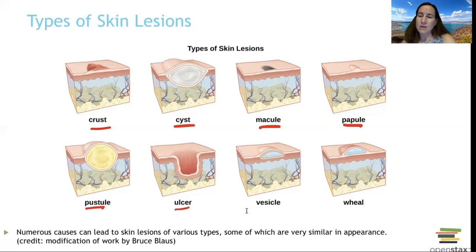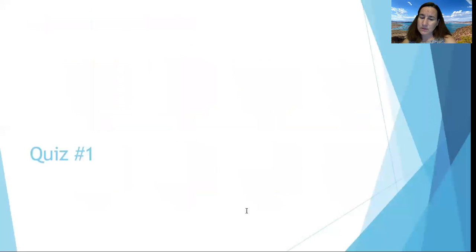Ulcer was that deep lesion in the skin. We talk about it in the stomach too, but they are a break in the tissue. Vesicles are raised fluid-filled areas, but they're small, versus wheals that were much larger, higher, bigger. So these are different types of skin lesions.